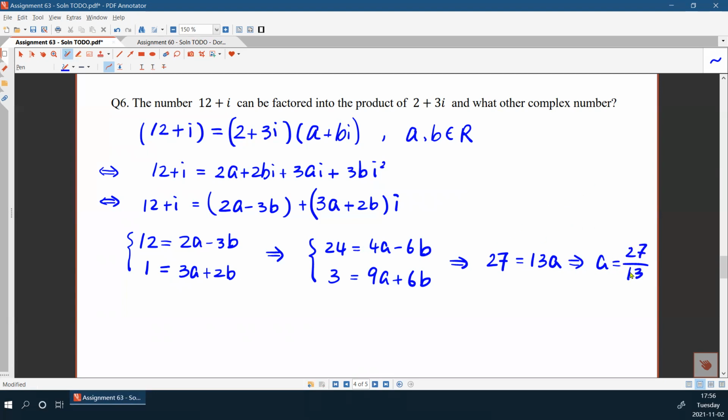Then we can put a equals 27 over 13 back into either equation to find b, right?